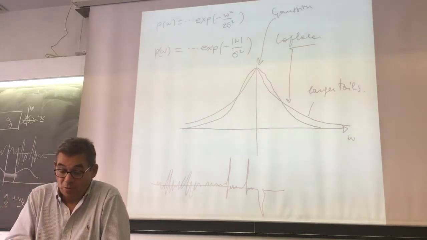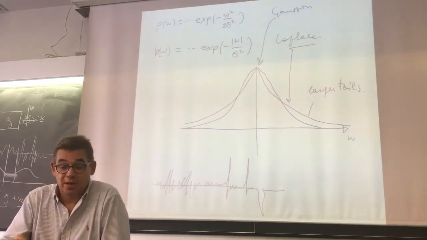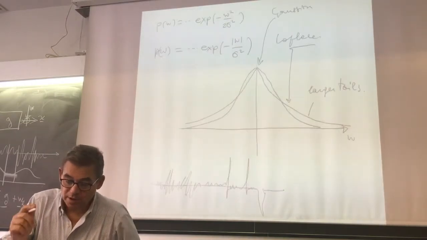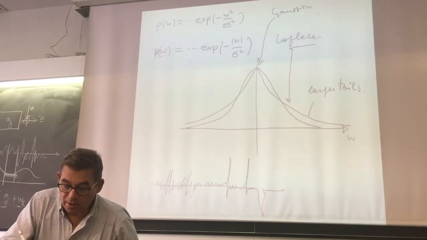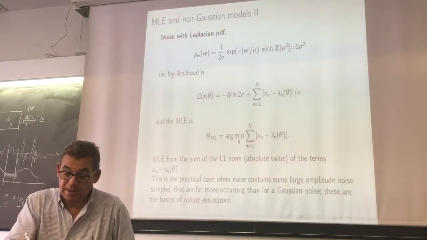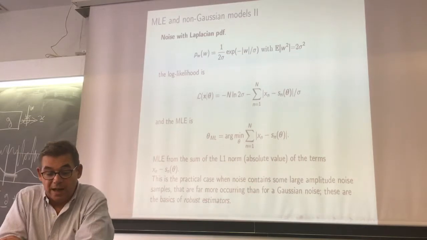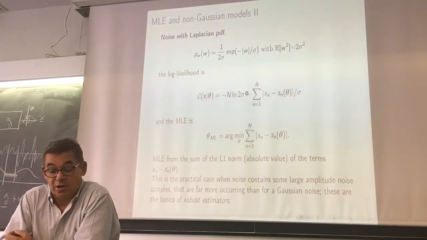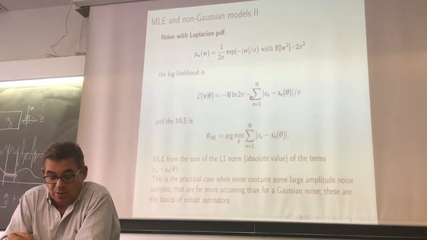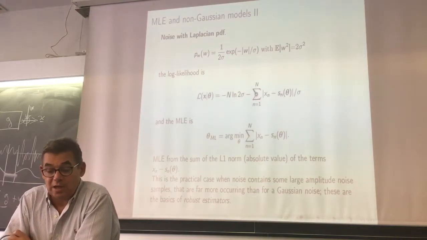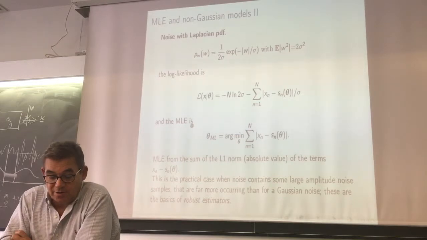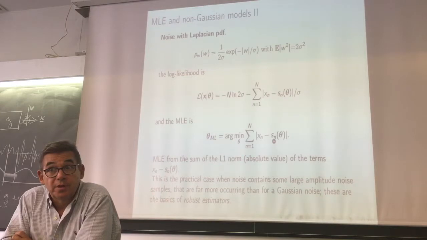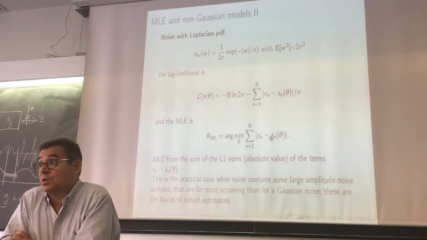Now, what about the Laplace? Let's see. If I make it for the Laplace, what I need to do is write the log likelihood. And so the maximum likelihood is given by the sum of the absolute values, which is different from the sum of the squares.